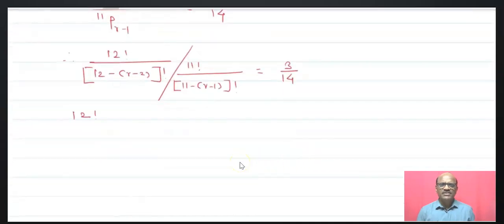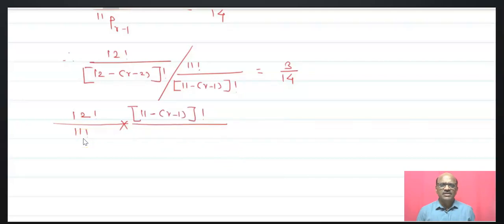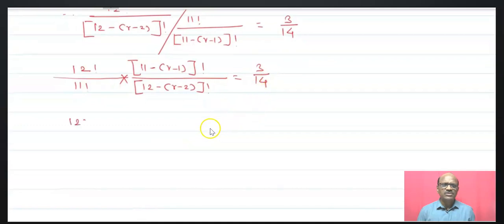Now simplify this. 12 factorial upon 11 factorial. These are the numerical. And (11 minus r minus 1) factorial, (12 minus (r minus 2)) factorial is equal to 3 upon 14. Now 12 factorial can be written as 12 into 11 factorial.